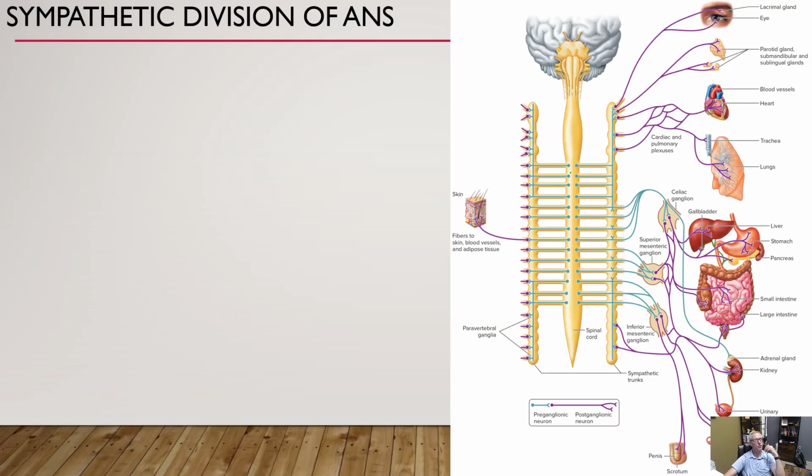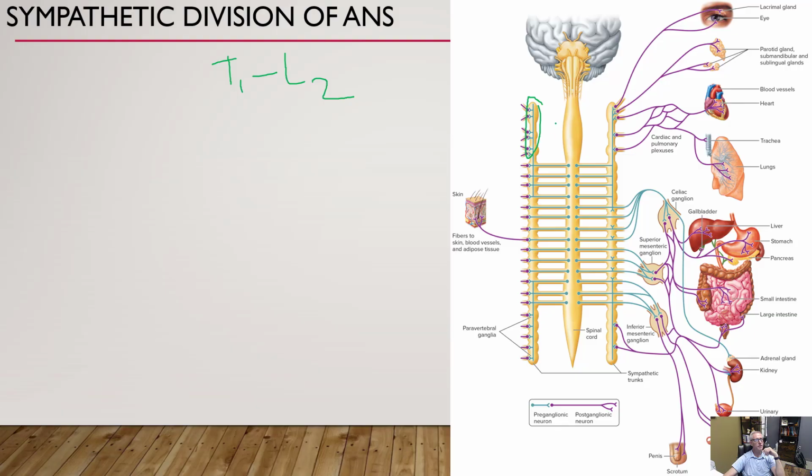Looking at the sympathetic side, here is our paravertebral ganglia over here. Remember, our sympathetic side is T1 to L2.